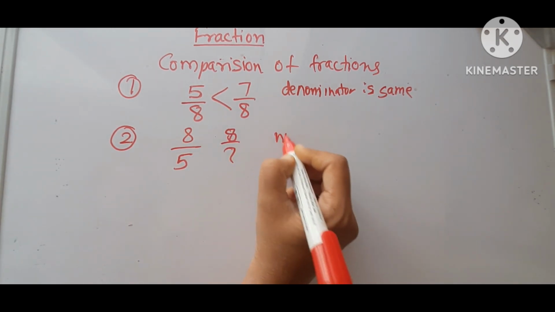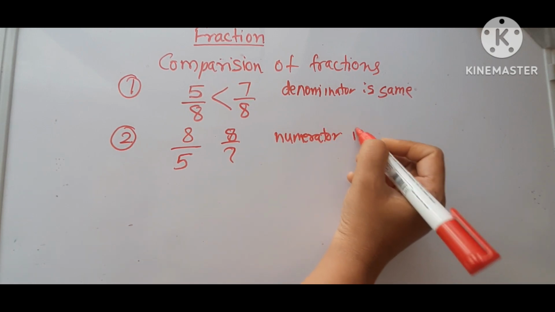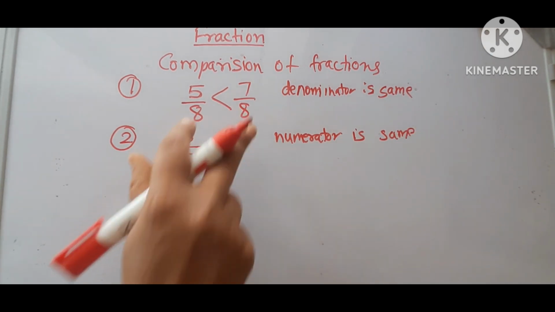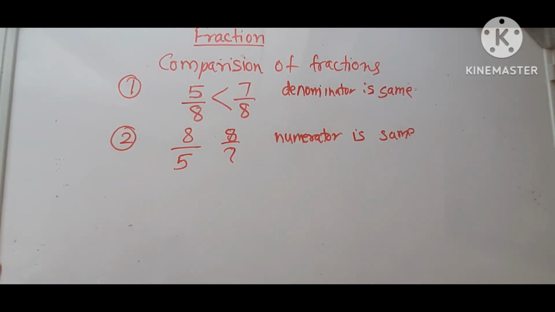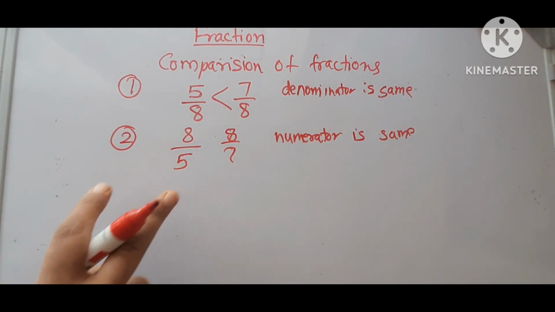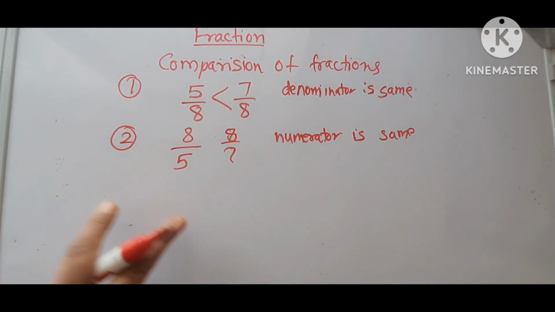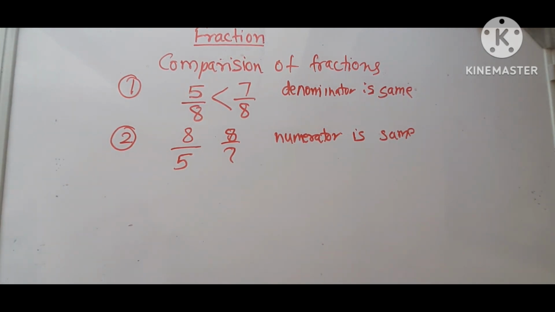Okay, whenever they ask us to find the comparison of fractions, you first need to check whether the numerators or denominators are the same. If the denominators are the same, just check the numerator: if the numerator is larger, the fraction is larger. If the numerators are the same, we need to check the denominator, and the condition here is reverse.